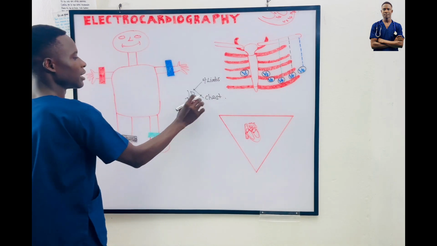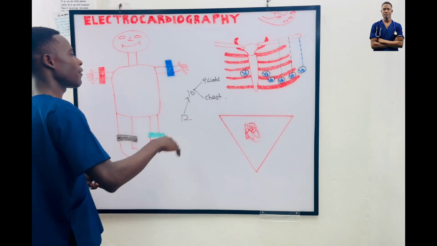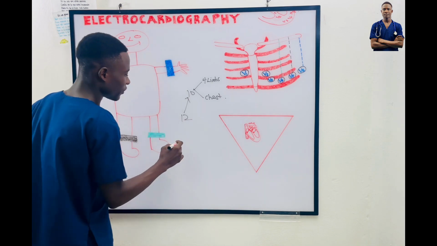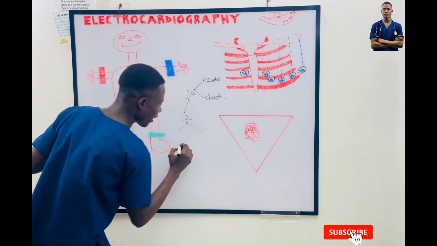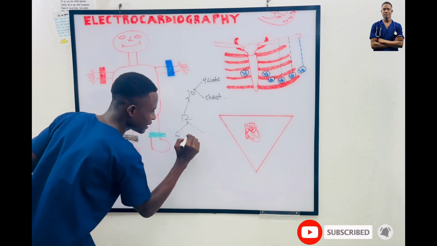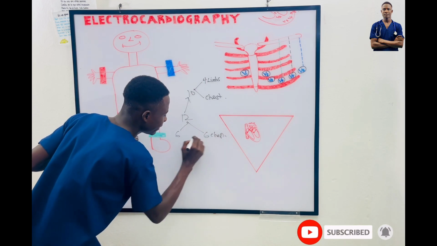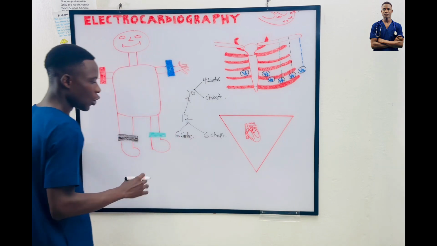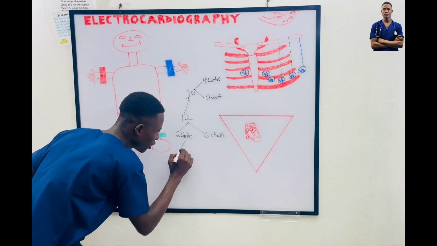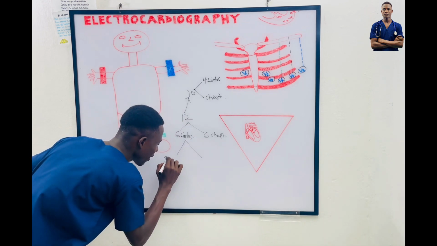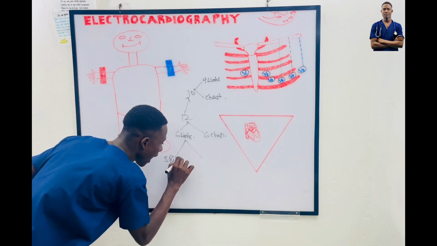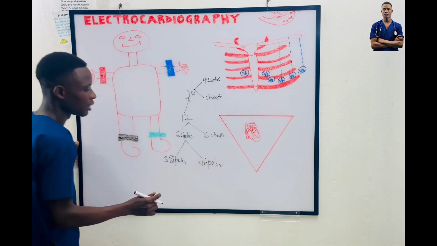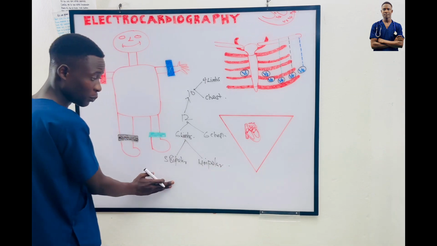Now, out of these 12 leads, we have 6 that are for the chest and 6 that are for the limbs. Now, when you take the limbs, we have 3 that are bipolar and 3 that are unipolar.